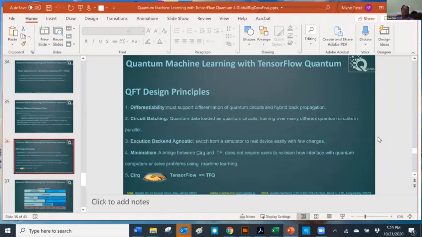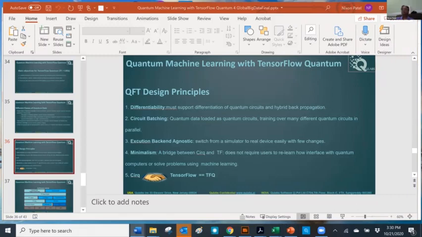Some of the design principles for TensorFlow Quantum: there are four main things, right? Differentiability is important, just as in TensorFlow, in that we need to make sure that you can do forward and backward propagation calculations through differentiation.